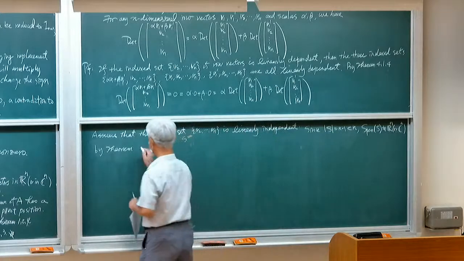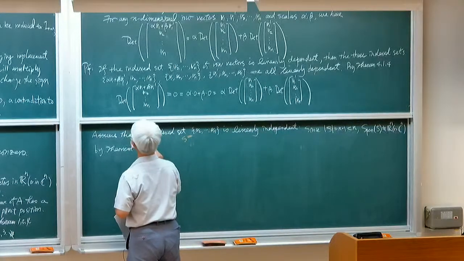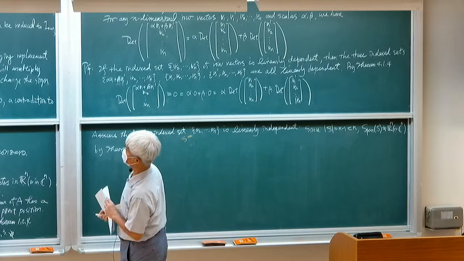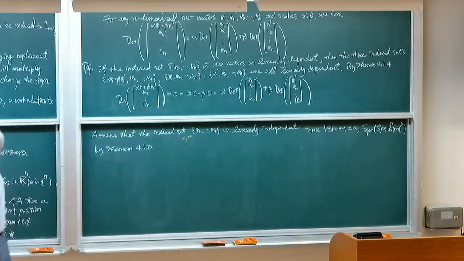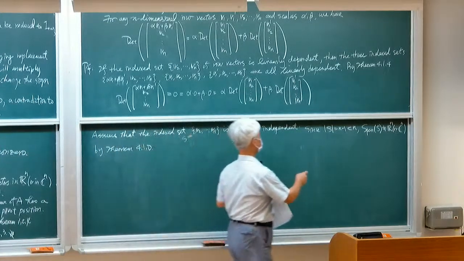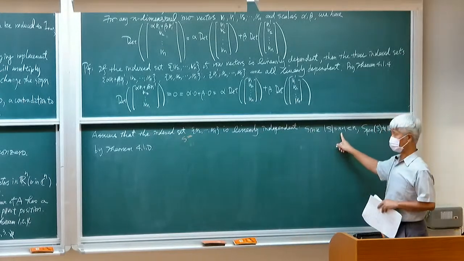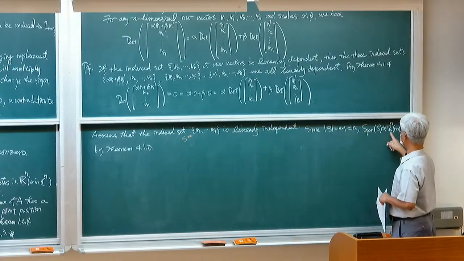So by theorem 4.1.d, because the size is not equal to n, the span is not equal to Rn.